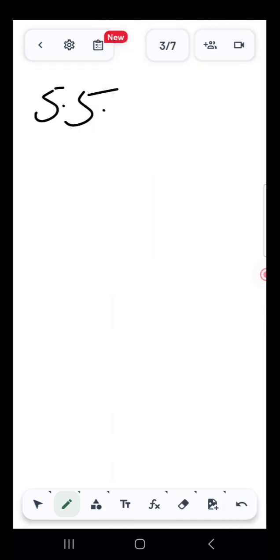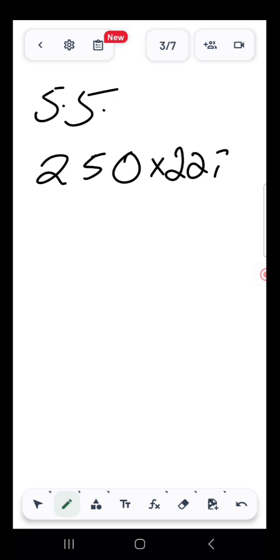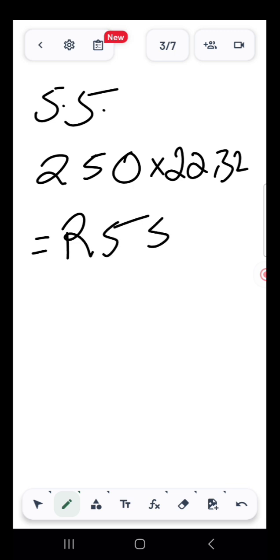From what they've told us, on the Amazon website, the phone is £250. We want to convert to rands. Rands are fewer than pounds, meaning we multiply. So multiply by 22.32, and our final answer will be, if you buy it on Amazon, you'll pay 5,508, which is more expensive than if you bought it at auction.